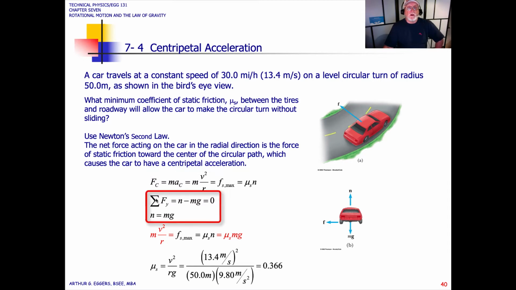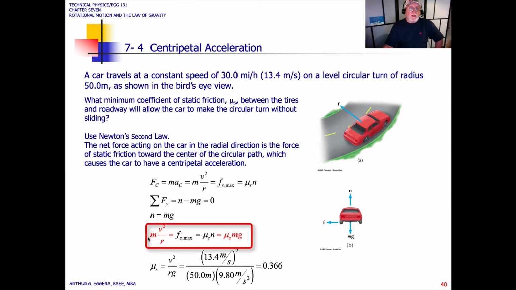So if we sum all of the forces in the y direction, that equals the normal minus mg, just like we've seen before, and that is in the y direction, so it is not in motion, so we set it equal to 0. It's in static equilibrium. So then if we solve for n, the normal force equals the weight of the car, mg.